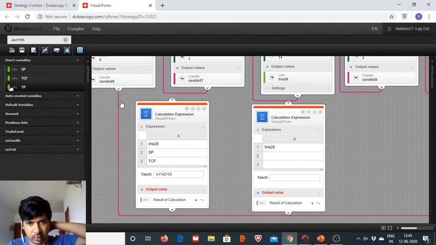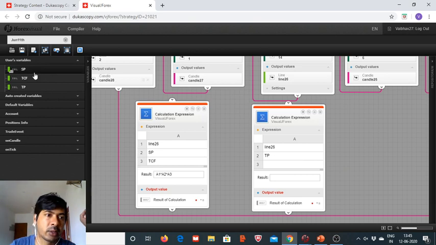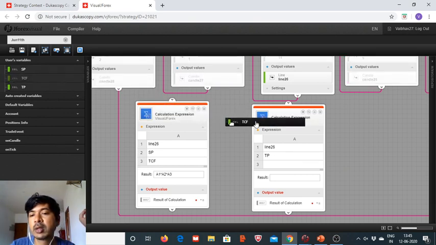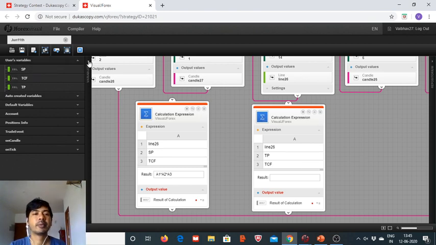So here we go, and the type conversion factor remains the same as the underlying instrument is going to remain the same.